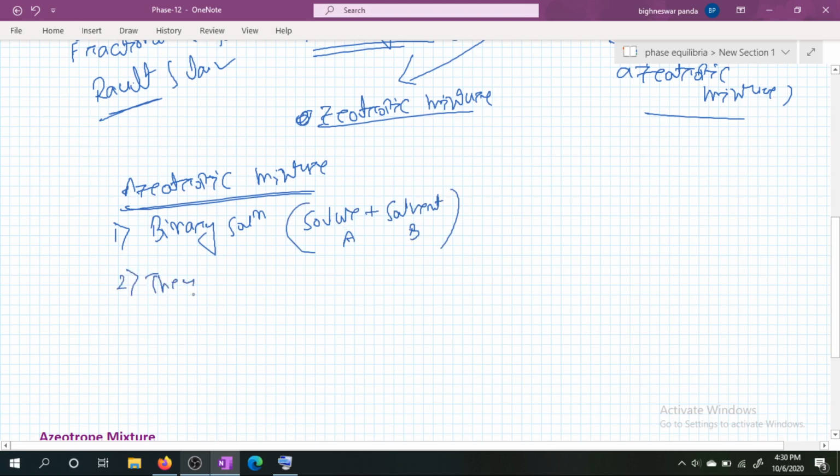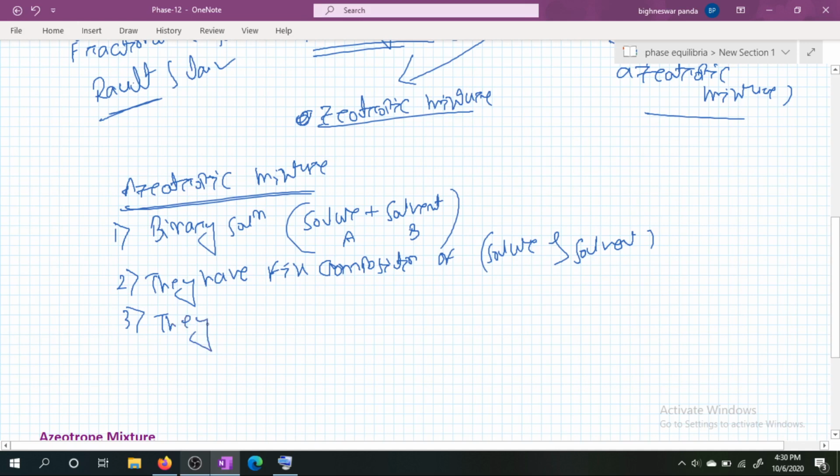They have a fixed composition of solute and solvent.